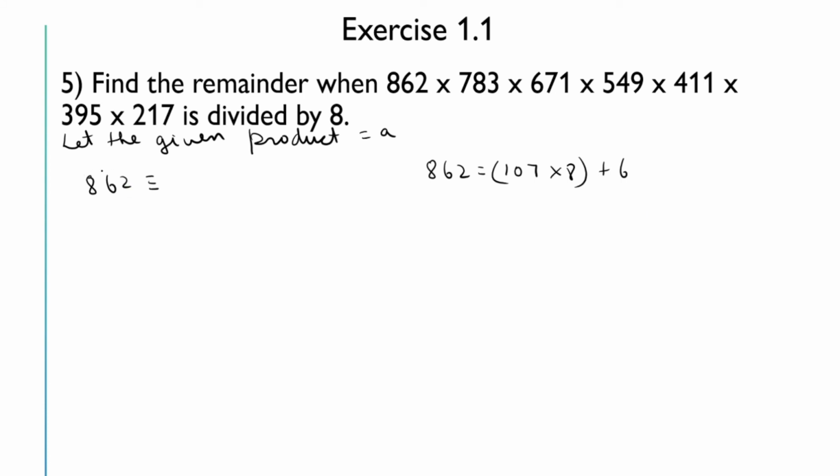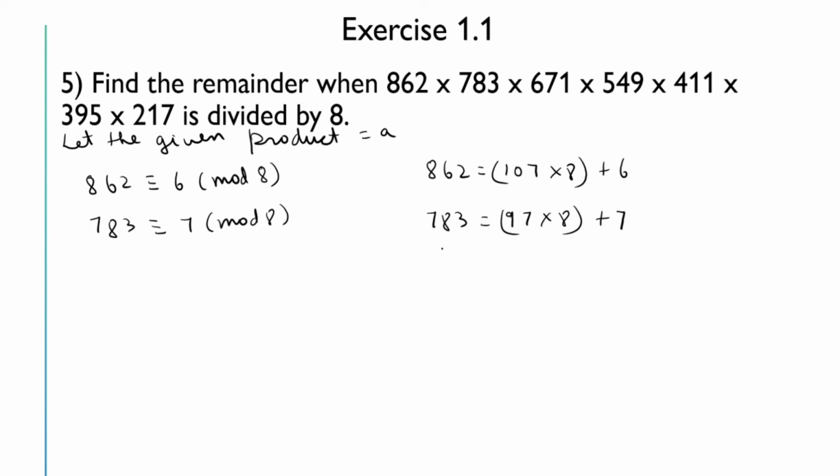So we can write 862 congruent to 6 mod 8. The next number is 783. When we divide 783 by 8, we get the quotient as 97 and the remainder as 7. So we can write 783 congruent to 7 mod 8.